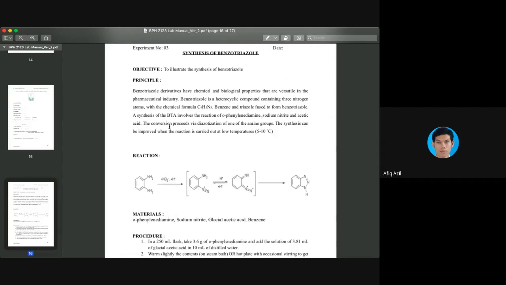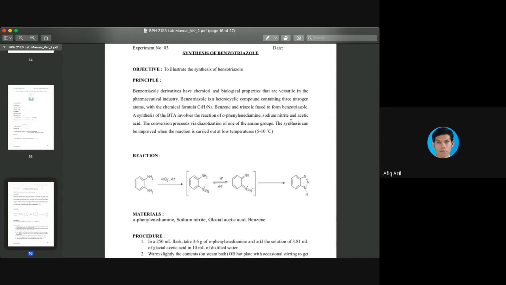This conversion proceeds via the diazotization of one of the amine groups. If you still remember, this is also available in the lecture notes. The diazotization of the amine group, so these so-called benzotriazole structures will be formed.